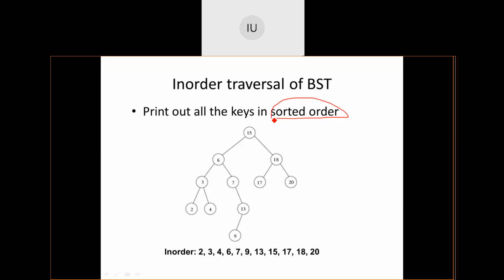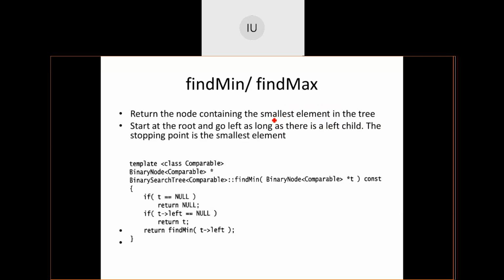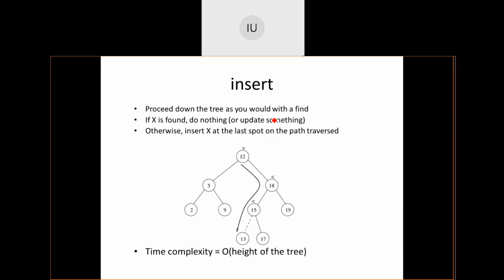Now, this I will take later. If I want to insert a new element in this particular tree, I am inserting 13. How do I go ahead? 12 compared with 13. 13 is greater, so I will move to the right hand side.